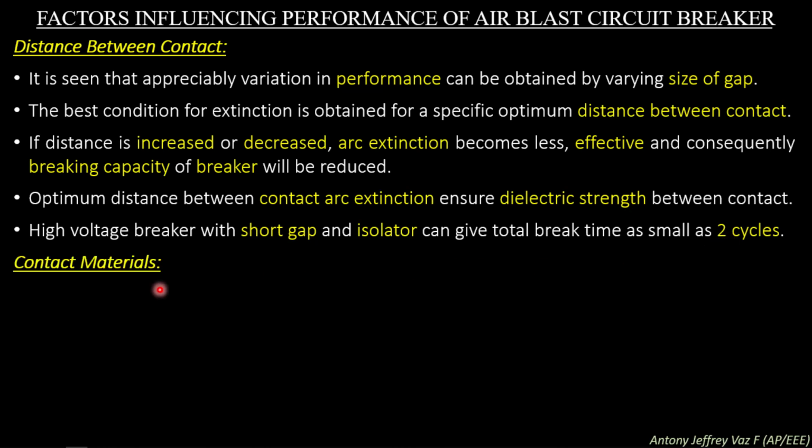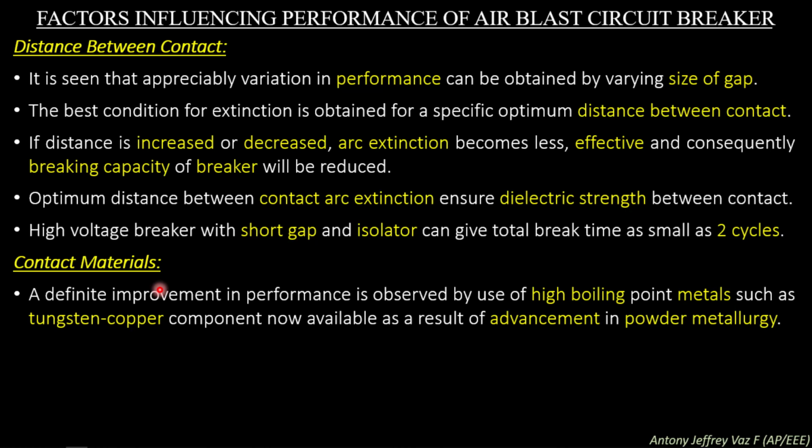Contact materials. A definite improvement in performance is observed by using high boiling point metals such as tungsten copper component, now available as a result of advancement in powder metallurgy. So the contacts used in air blast circuit breakers should have a very high boiling point.